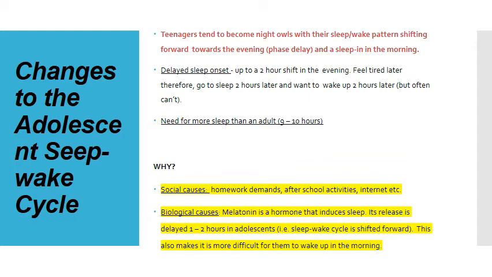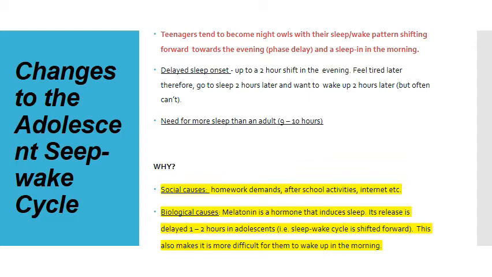It means that you feel tired later and you go to bed later. Now, of course, if you were to have the 8 hours of sleep that everybody suggests you have, you still actually wouldn't be able to have the required amount of time because you want to wake up 2 hours later than adults. But added to that, you actually need to sleep longer, and so it's generally impossible for you to get the required amount of sleep that you need because you have to get up for school.